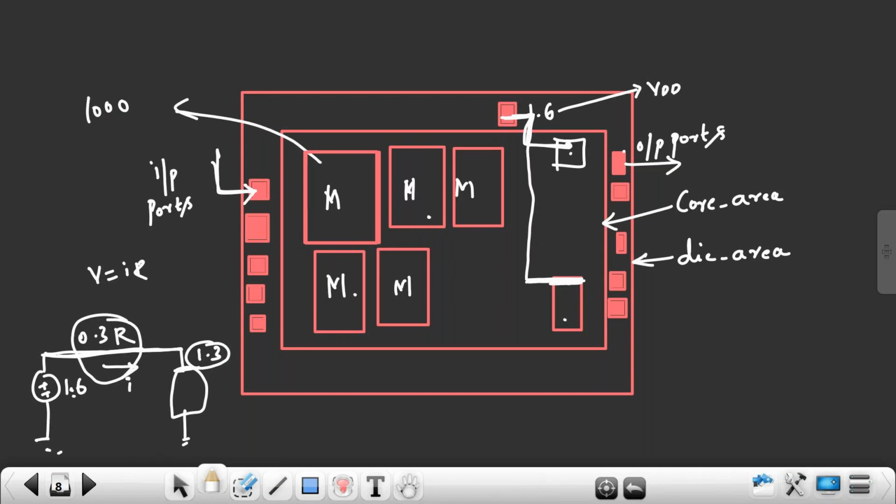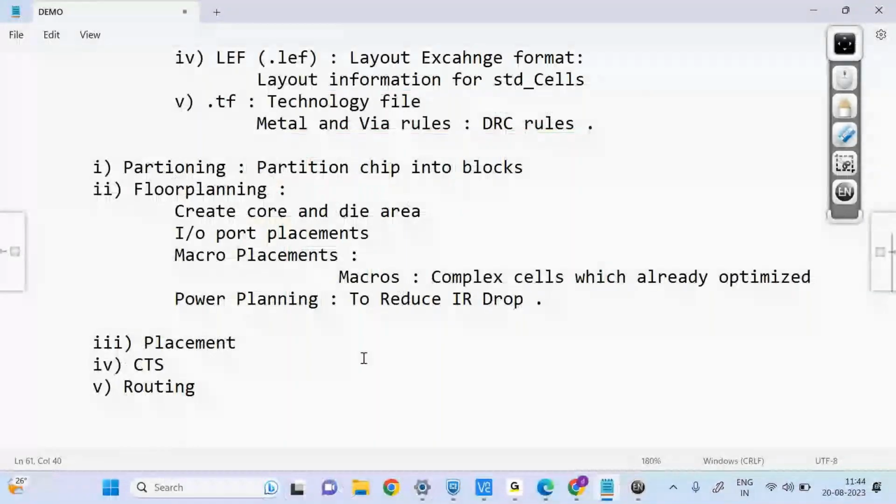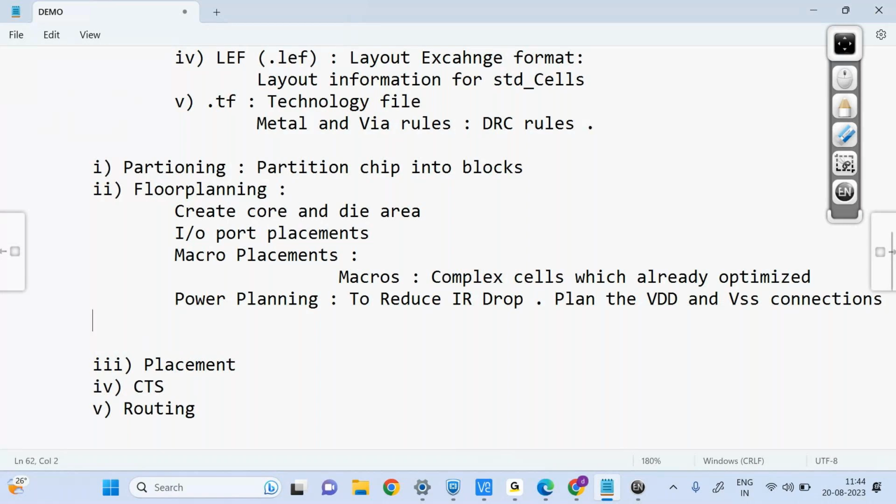So we have to study how to do this power planning. Plan the VDD and VSS connections to reduce IR drop.